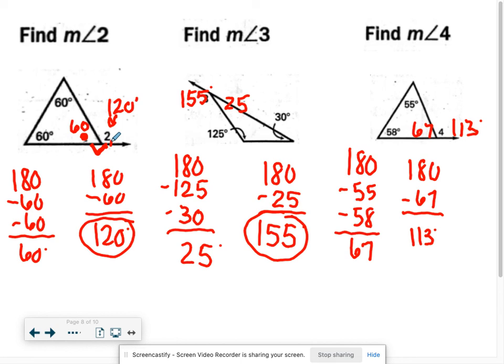So these two angles add to the outside one. So that's a little shortcut for you. What if there's just an outside angle and then like one inside angle? Then you could subtract them, right? Yeah. So you just draw one outside. So like if you were looking for like this angle right here, you take 113 and subtract 55. Okay. Does that make sense? Yeah. Okay.